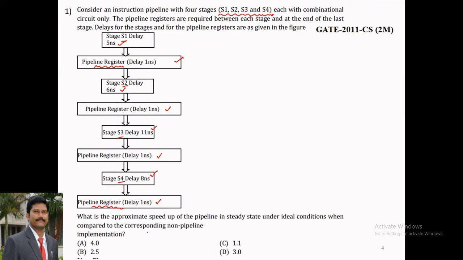What is the formula for speed up? The time taken to execute one instruction in non-pipeline divided by the time taken to execute one instruction in pipeline architecture.